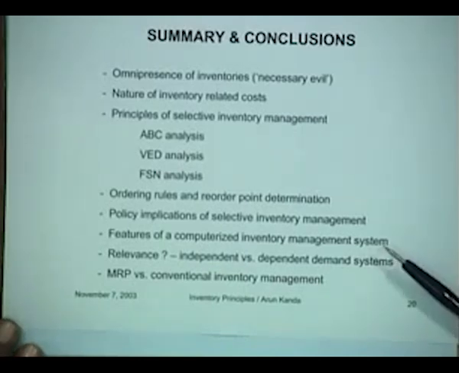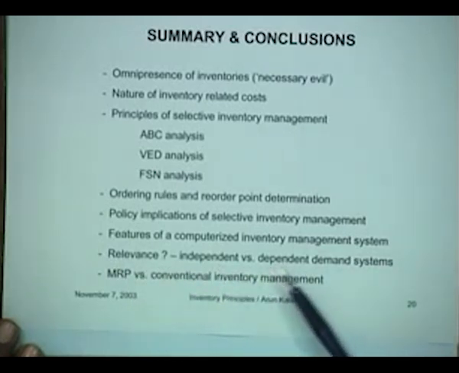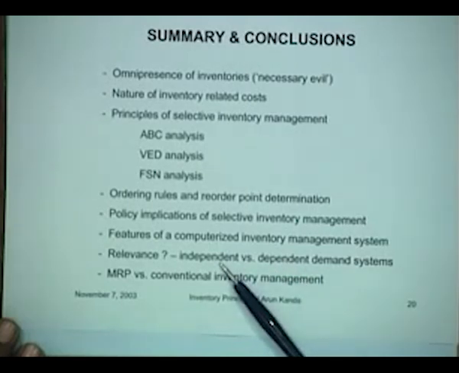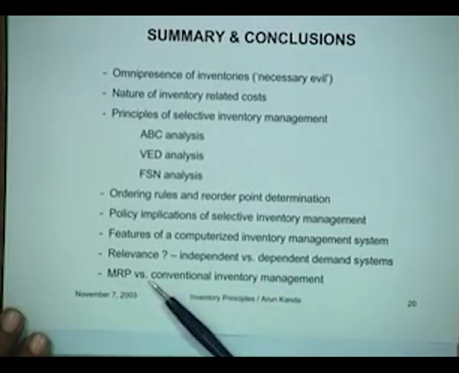And then of course we did not specifically talk about independent and dependent demand systems, because if we are dealing with dependent demand systems, we are dealing with the domain of MRP, and when we are dealing with independent demand systems of the kind that we were talking about today, we deal with basically conventional inventory control. So we'll talk about MRP, and we'll also talk about mathematical modeling in inventory systems next time, and we'll also compare MRP versus conventional inventory management in terms of the nature of the demand pattern.